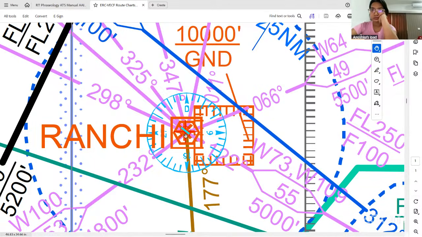And it starts with, let's check. What is this area? So it was a danger area for 10,000 feet. This is just little trivia we are doing here.